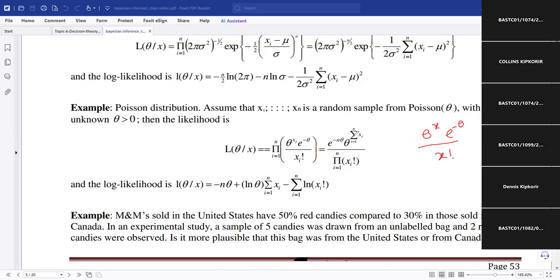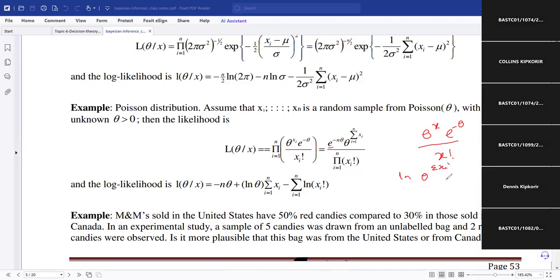Then we get the log of this. So the log of this, the e will disappear and we will be remaining with only negative n theta. Then plus, because it is a multiplication, the ln of theta raised to power the summation of xi's.